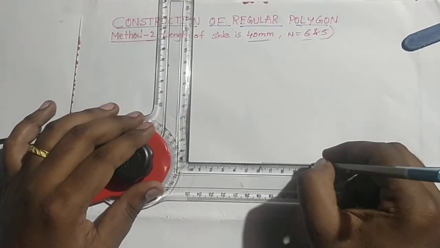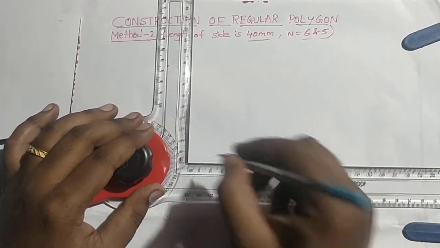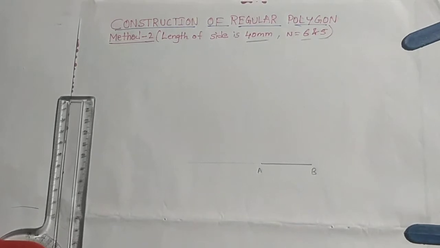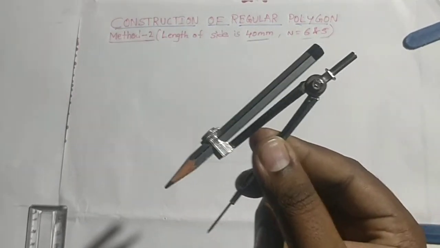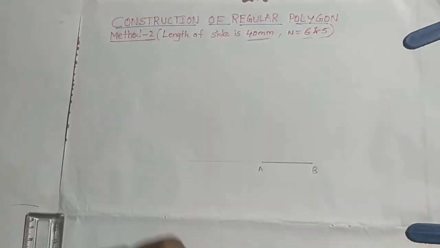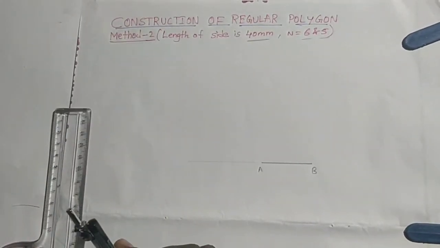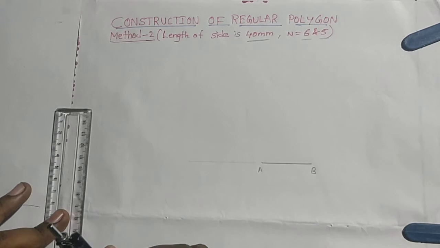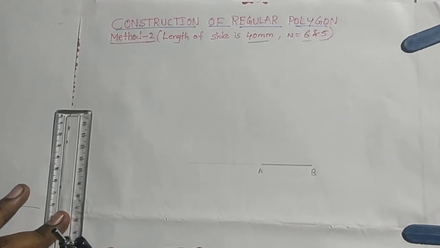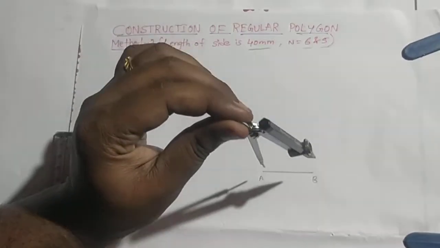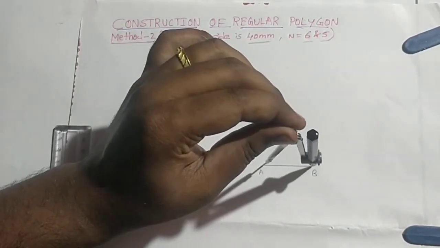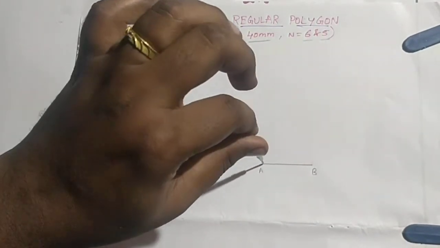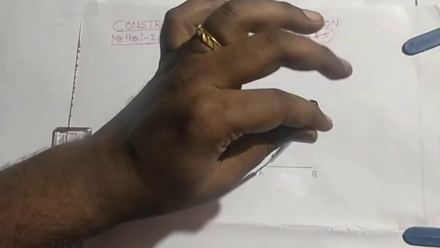Next, extend this line to the left side up to some distance. Next, by using compass, draw the semicircle with A as center and radius as given side length. Here I am taking A as center and AB as radius, and drawing one semicircle.